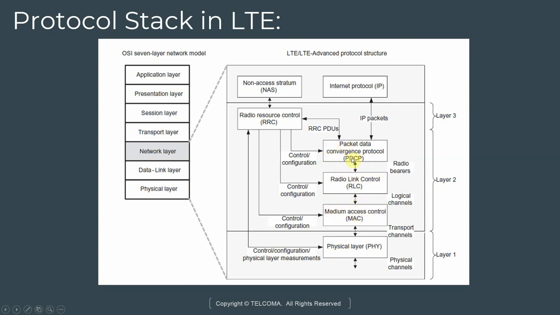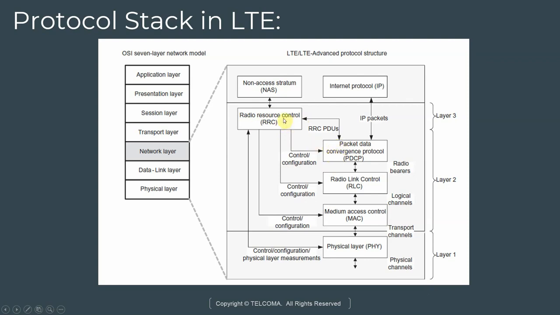And as you can see, we have the NAS and IP protocol at the highest layer. So the IP packets make their way into the PDCP, and the PDCP communicates with the RLC, which in turn sends it to the MAC and the physical, and they get transmitted. And now there is communication between some of these layers and the underlying layer.